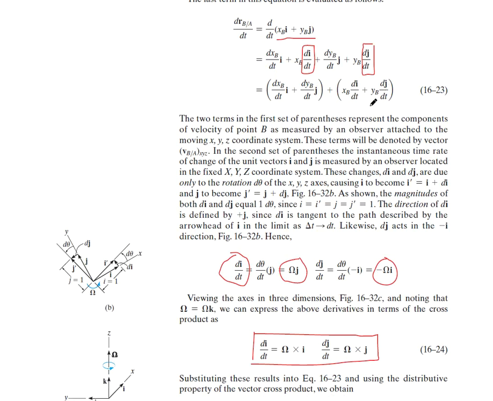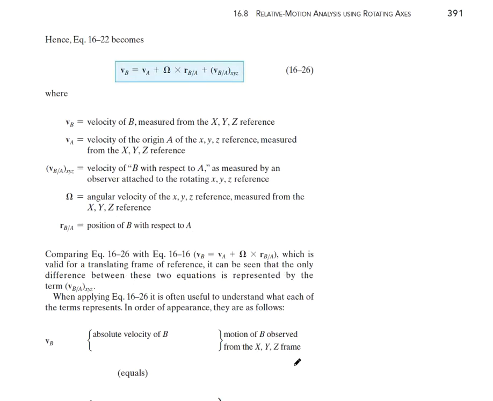We're going to make use of them and substitute them here respectively. After collecting terms and reorganizing the equation obtained from the calculated time derivative, we obtain this form for the absolute velocity of point B.